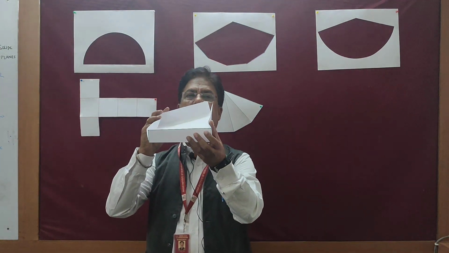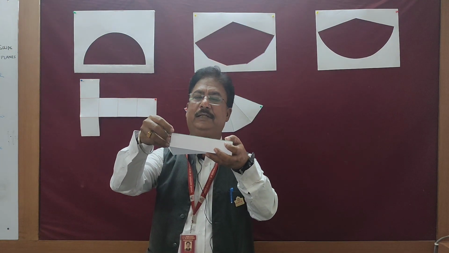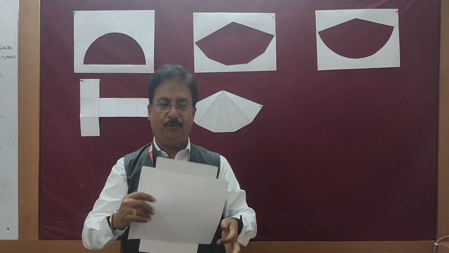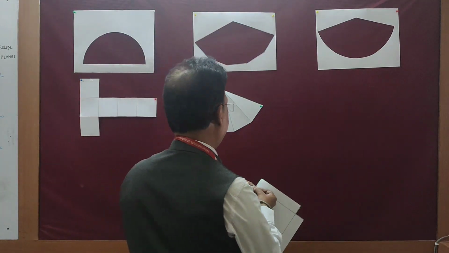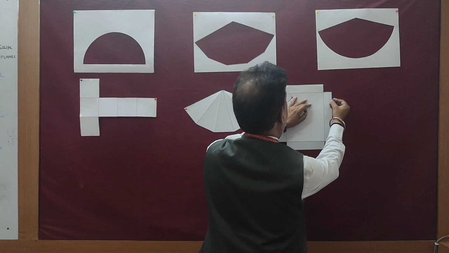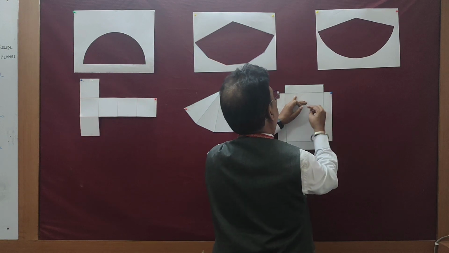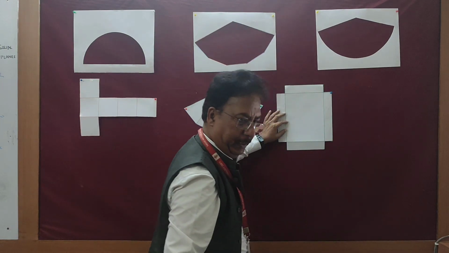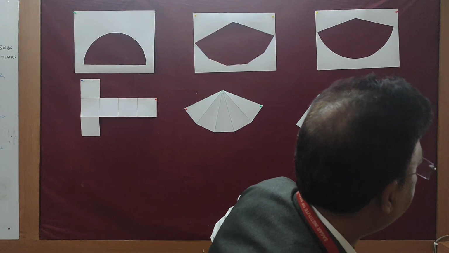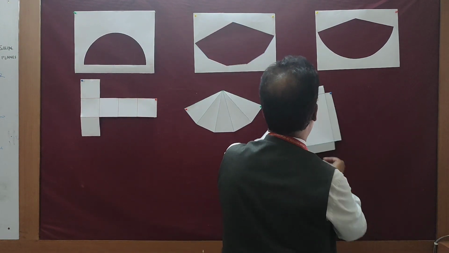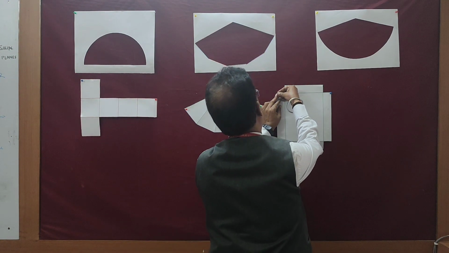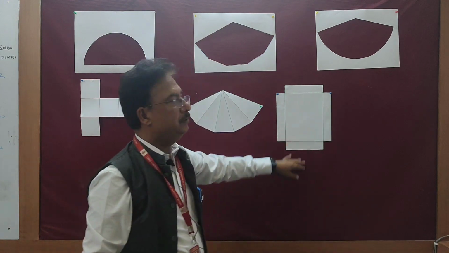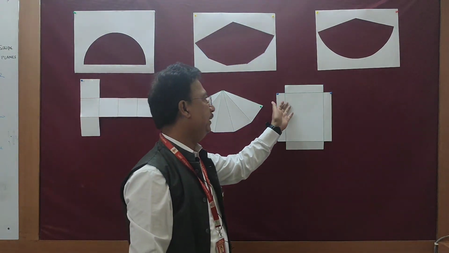Suppose this is the lower part of the box, and if I want to develop it, I just have to tear these edges and open it like this, and this will be the development of the lower part of a sweet box. If I fold it again along all these edges, I get the lower part of the sweet box. So this is the development, just by cutting these edges.